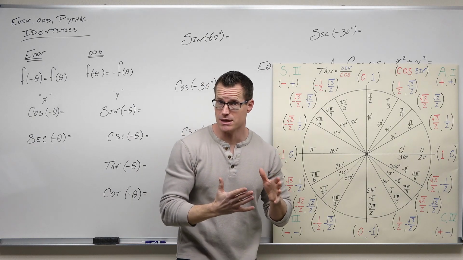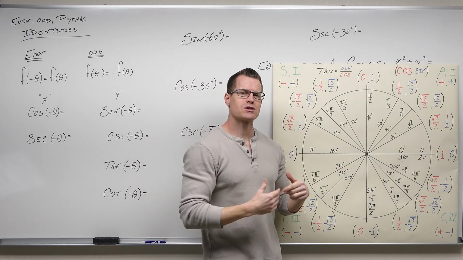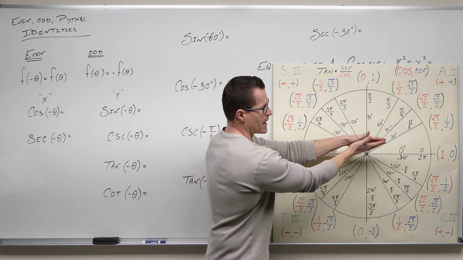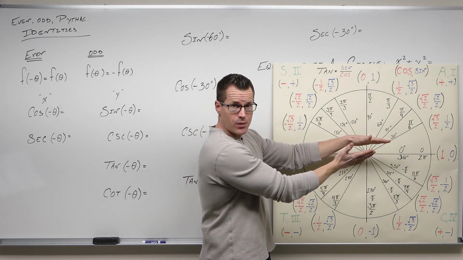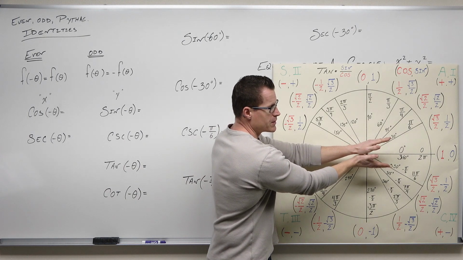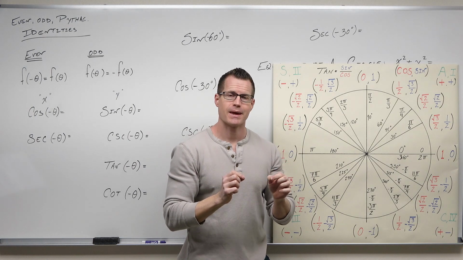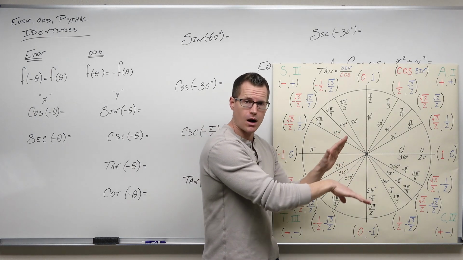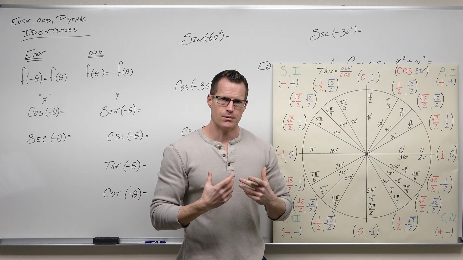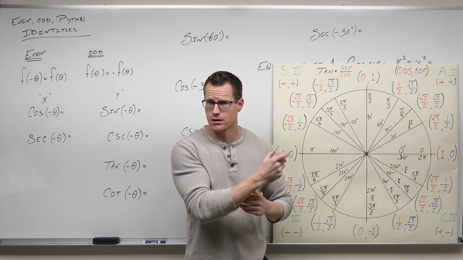Now let's consider these inputs on a unit circle. If I start taking a look at what's going on when my angles are opposite, remember that our inputs are angles. So let's take a look at what happens with my x coordinates and my y coordinates when my angles are opposite, all the way around a unit circle. One thing I want in your head right now is that x is cosine theta.